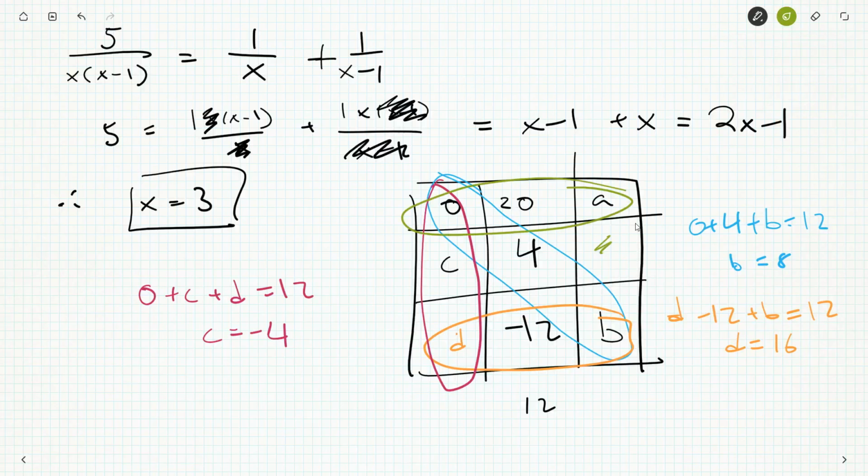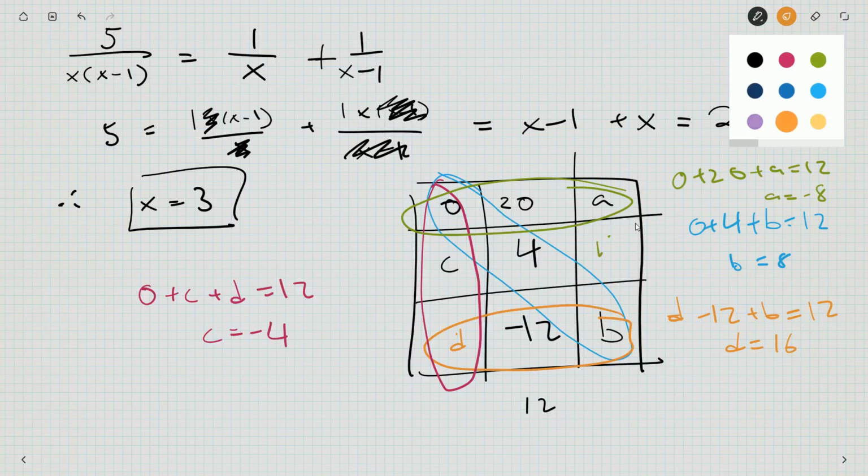I thought I was going to have to go over and get this one right here, but we don't need that. 0 plus 20 plus A is 12. A is going to be negative 8. And just for completion, we can figure out, well, 8 and the negative 8 will cancel. This guy here has to be 12.